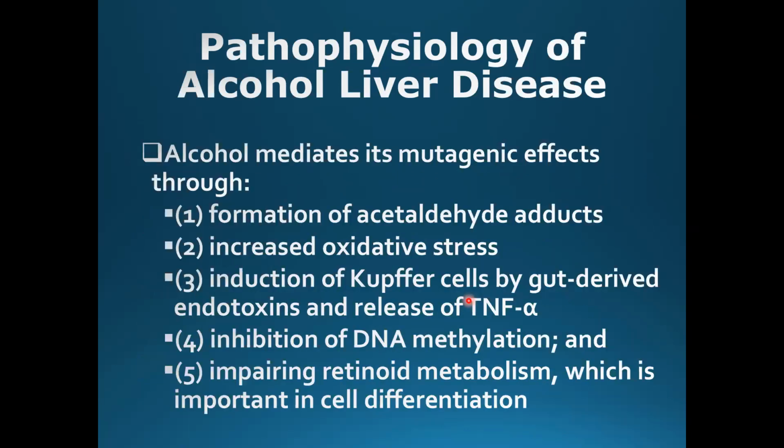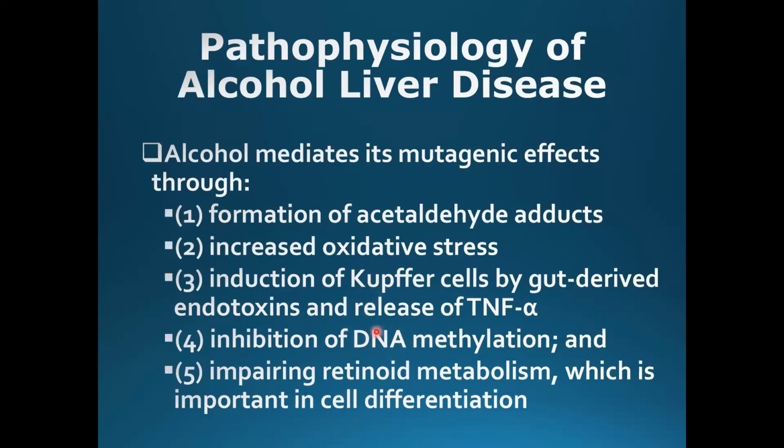How does it do it? This is a very important new slide from prior years. How does the alcohol mediate its mutagenic effect? One, through forming the adducts. Two, oxidative stress, as you have seen. Three, it's going to induce the Kupffer cells. We have talked about what the Kupffer cells do when they get induced.